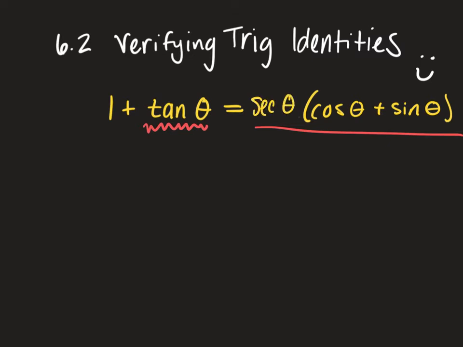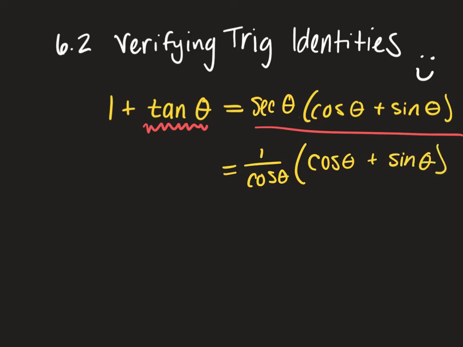Right, so we need to then change that secant probably to what? 1 over cosine. Right, because we know that tangent can be made up of sine and cosine. So let's get rid of the secant. Secant is going to become 1 over cosine. And then it's just times our cosine theta plus sine theta.